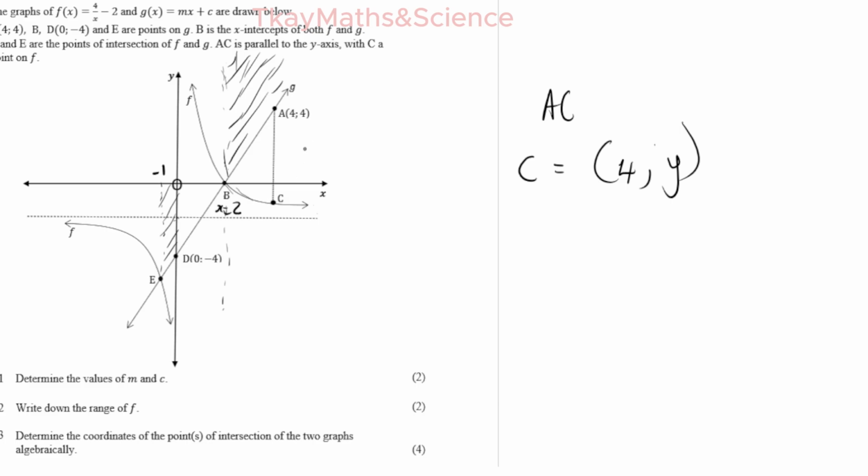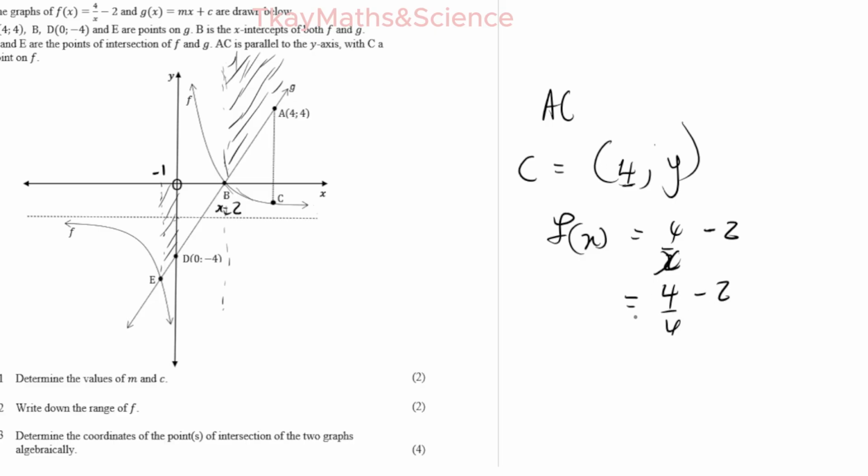Now we can put this into the formula, f of x equals 4 over x minus 2. At this point our x is 4, so we replace x with 4: 4 over 4 minus 2.